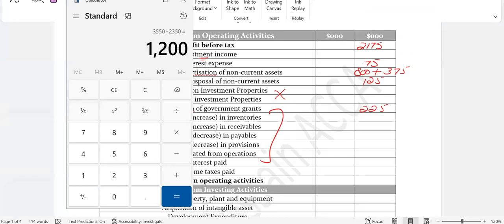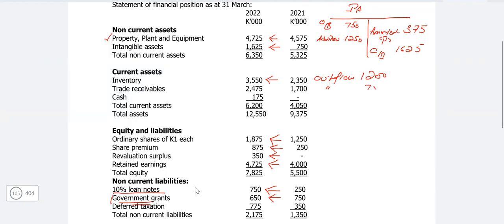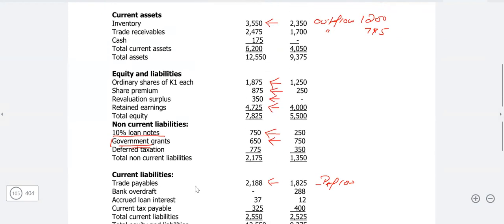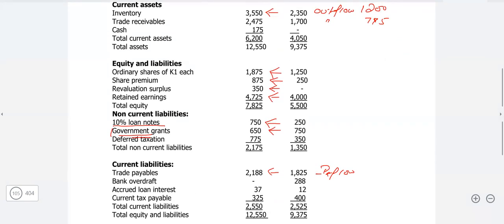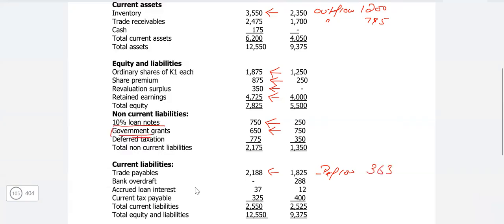Then we have the receivables, 2475, which is also increasing, which represents an outflow, and this is 775. And then we have the payables. Payables is an inflow, because when payables are increasing, this represents inflow: 2188 minus 1825, which is 363 inflow.